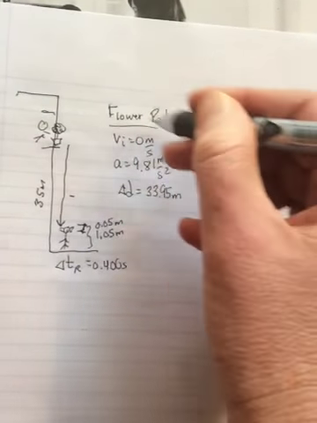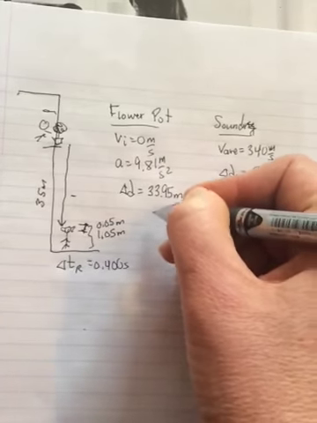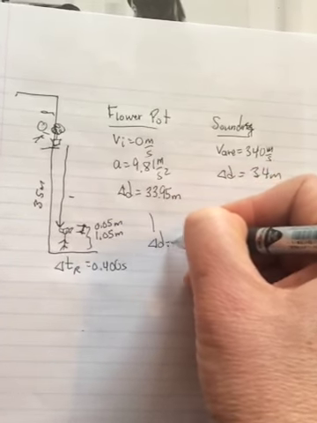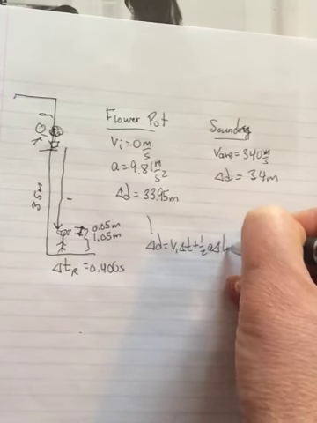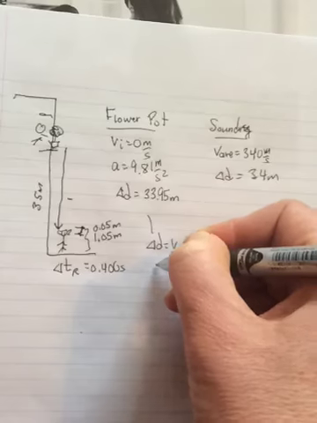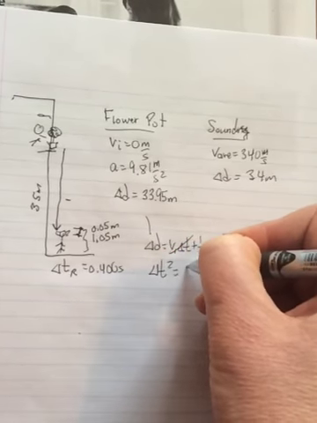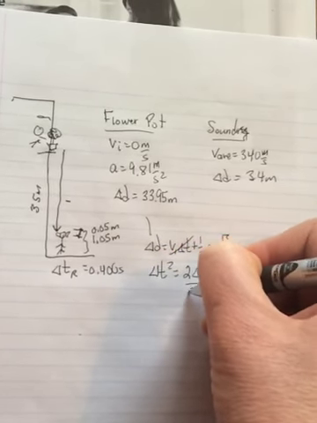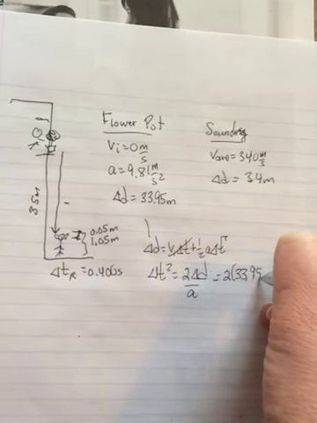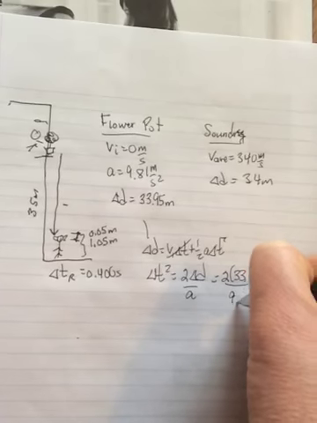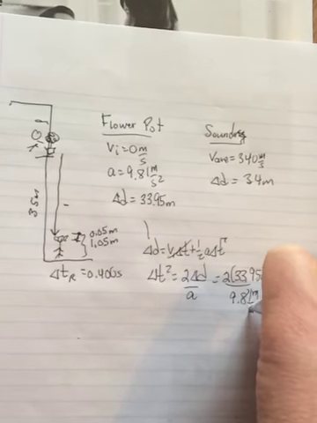Okay, so from this one you can find the time it takes the pot to fall. So delta d is equal to Vi delta t plus 1/2 a delta t squared. This goes to 0. t squared is just going to equal 2 delta d over a. So 2 times 33.95 meters divided by 9.81 meters per second squared.